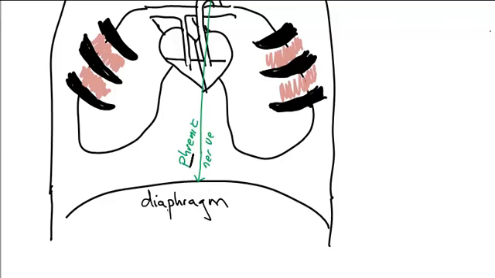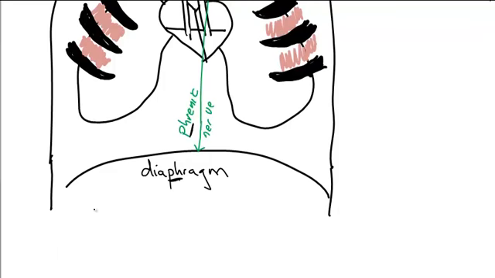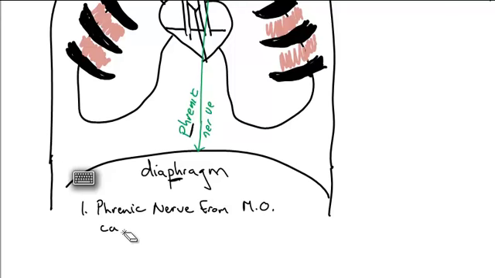The pH for phrenic goes with the pH in diaphragm. Okay, so phrenic nerve from medulla oblongata, MO, causes the diaphragm to contract.